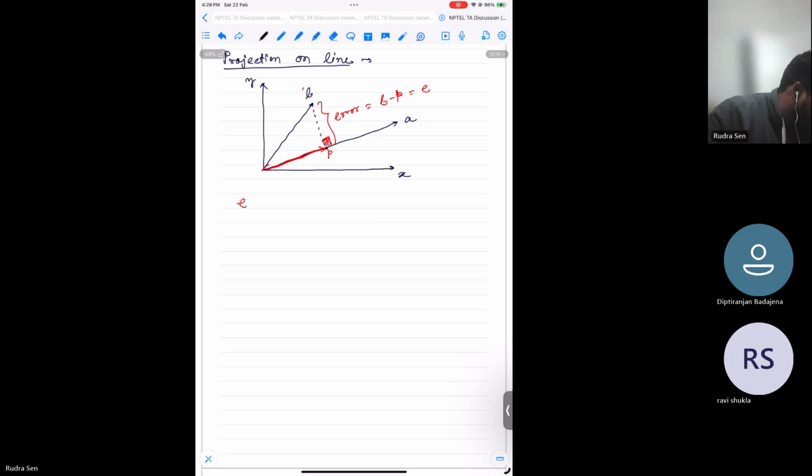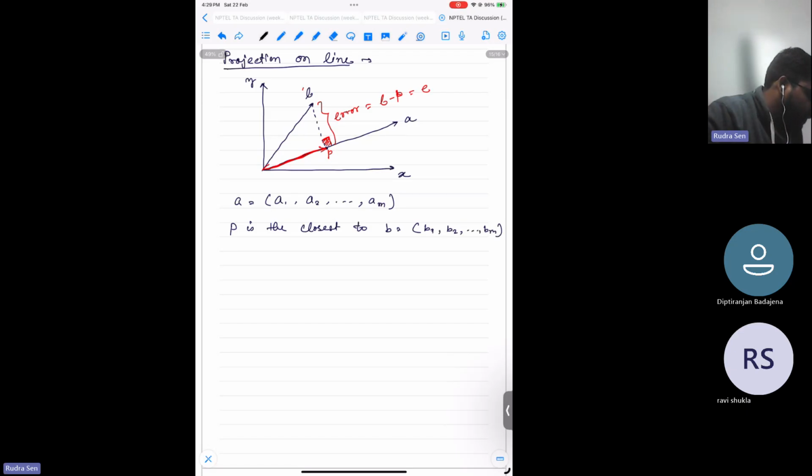So this is the A vector. It consists of the elements up to AN. Now P is the vector closest to the B vector.